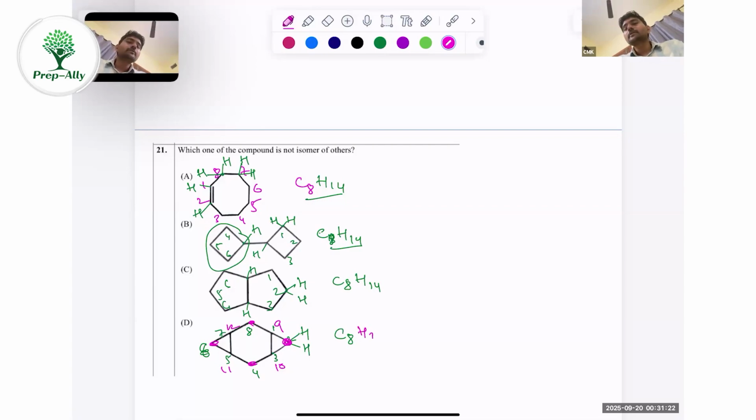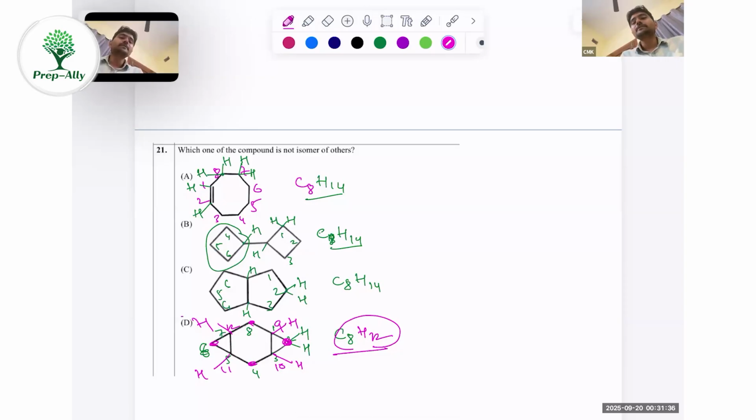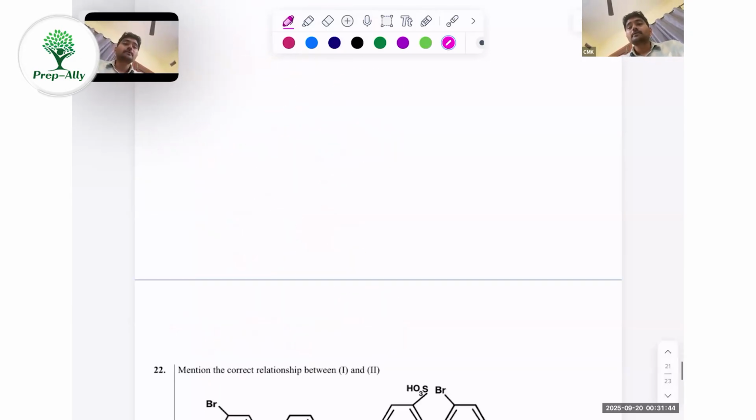So there are 12 hydrogens, which means here you have to show one more hydrogen. H12 only is there, which means this has a different chemical formula. So option D is not an isomer of the remaining compounds. So answer D is our correct answer.